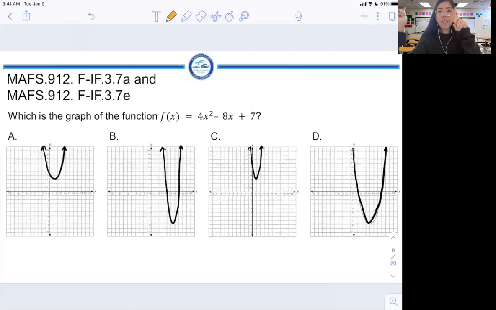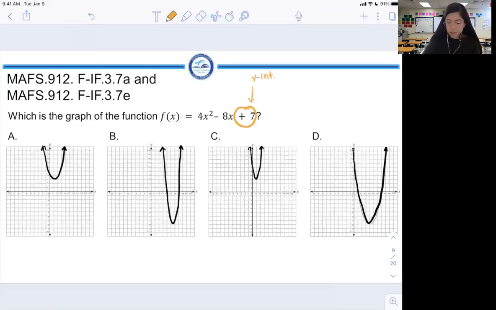But there's one thing that's easier to find than the x-intercepts or the vertex. Yeah, Emily's got it. The y-intercept, because it's right there. We don't have to do any math to find it, and it's going to help us eliminate some answers. So, the y-intercept is? It's 7. Good. That's our y-intercept.